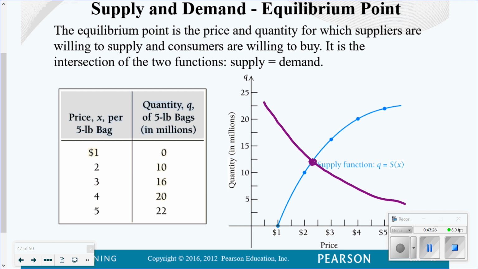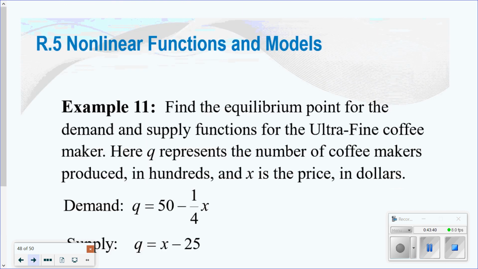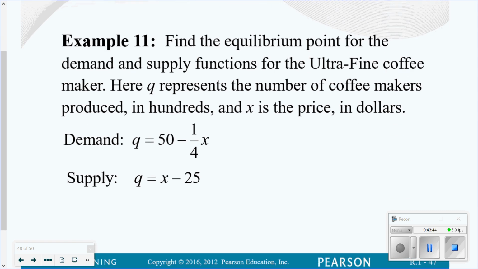That would be your equilibrium, where they cross each other. Algebraically, if we want to find that, you can graph it, and where they intersect would be your answer. If you want to find it algebraically, though, we're going to take the demand function, which in this case is 50 minus 1/4 x, and set it equal to supply.